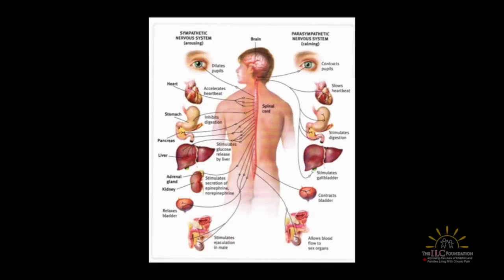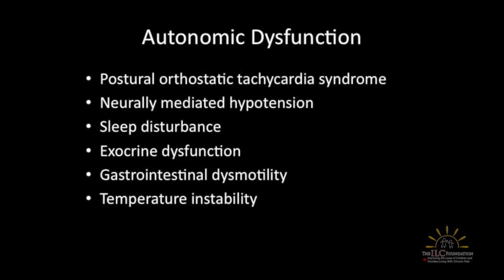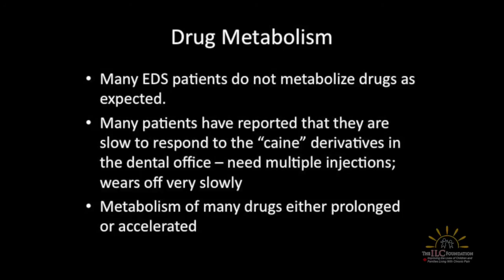The common features that we see with autonomic dysfunction include postural orthostatic tachycardia syndrome, neurally mediated hypotension, sleep disturbances, exocrine dysfunction, and gastrointestinal dysmotility, as I mentioned. Many patients report temperature instability, where they're either always the coldest person in the room or always the hottest person in the room, or they're constantly taking their jacket on and off because they just can't get to a comfortable temperature.